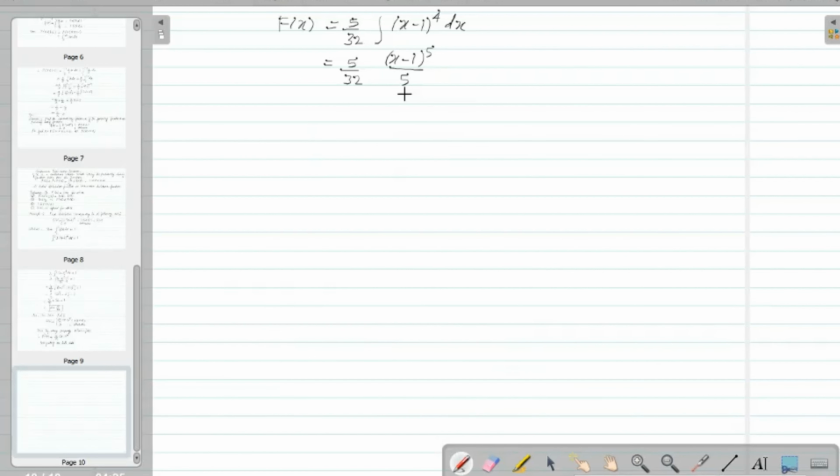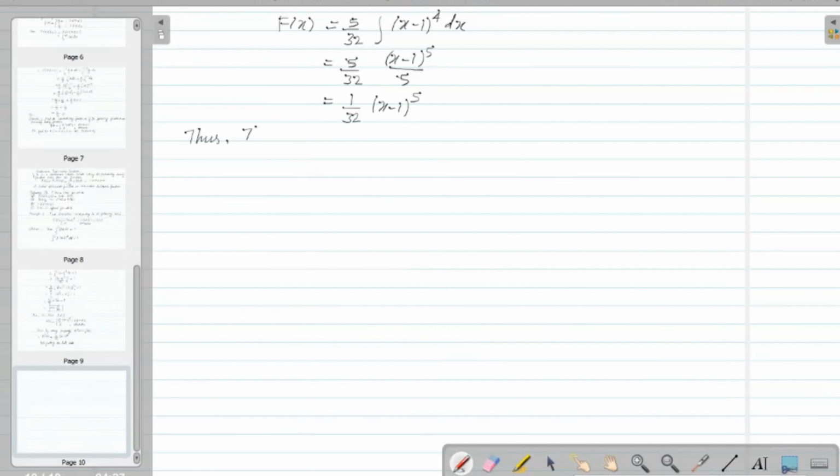So this 5 will cancel, and you will get 1 upon 32 times (x minus 1) to the power 5. This is the first function.